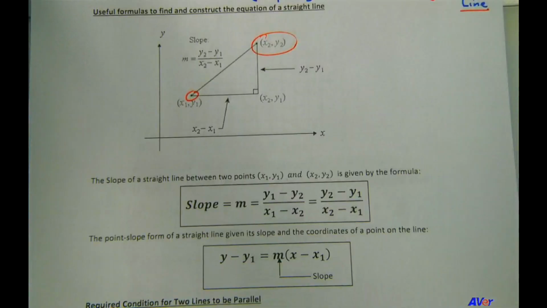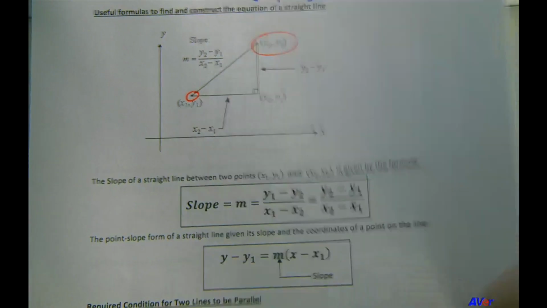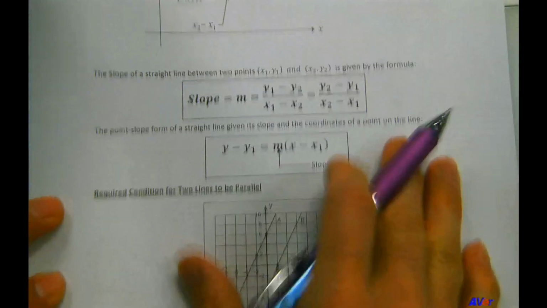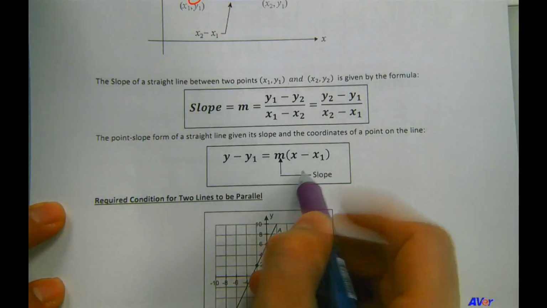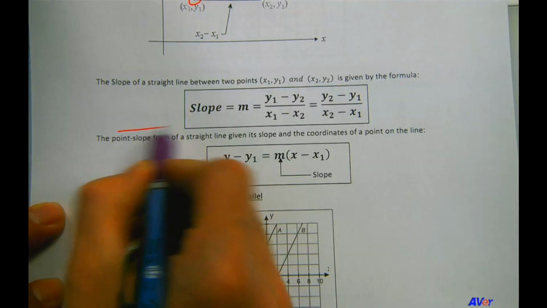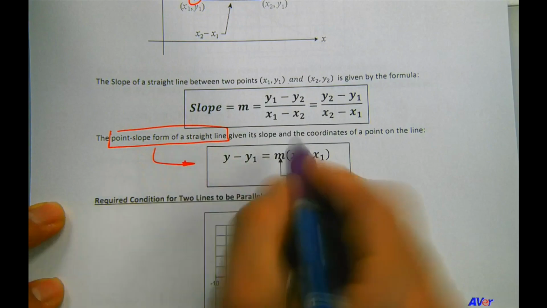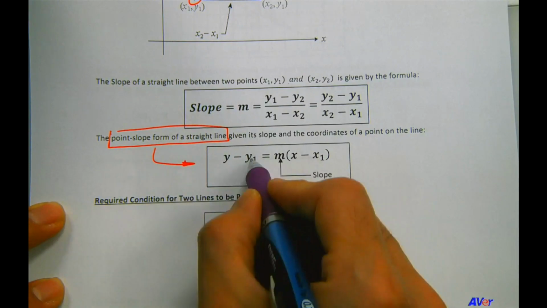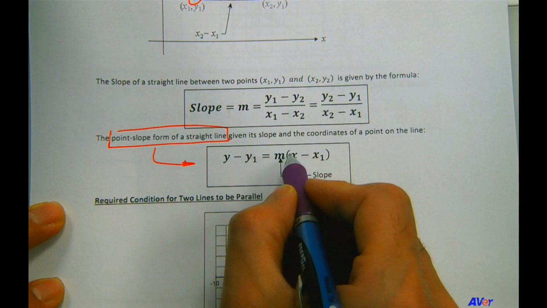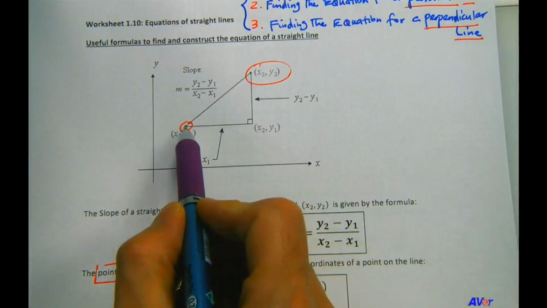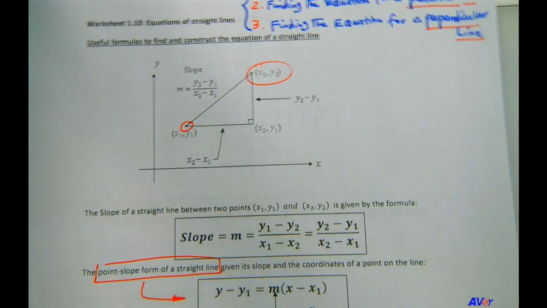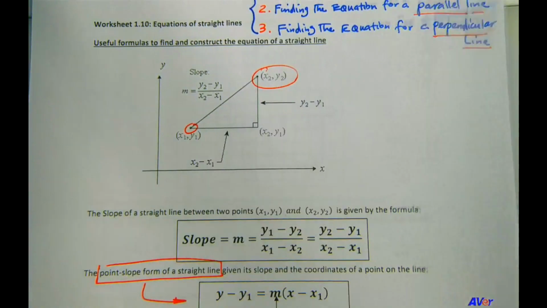Okay, so the formula that you see here is commonly known as the point-slope form of a straight line. Right there, we've defined that. Point-slope means x1, y1 is the point. One of those points is x1 comma y1. It could be that point. It doesn't matter. Any point on the line will do.